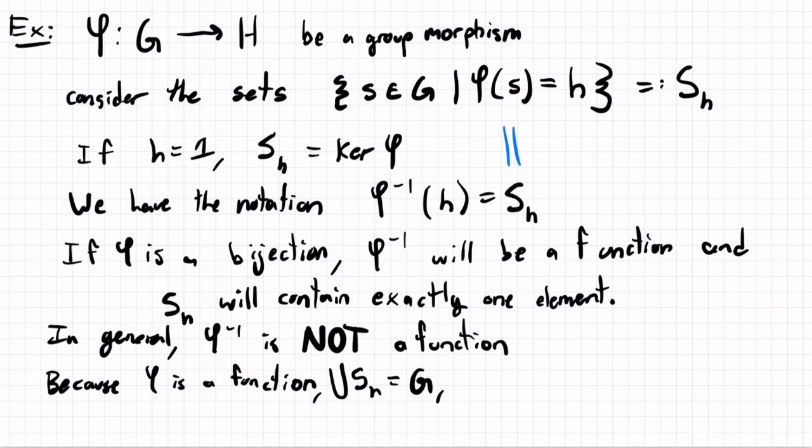And also because it's a function, one value in G can't map to two different values in H. That's sort of analogous to the vertical line test that we would do in algebra or calculus. And so the SH are disjoint.